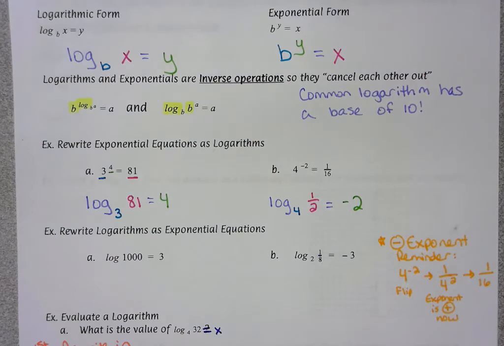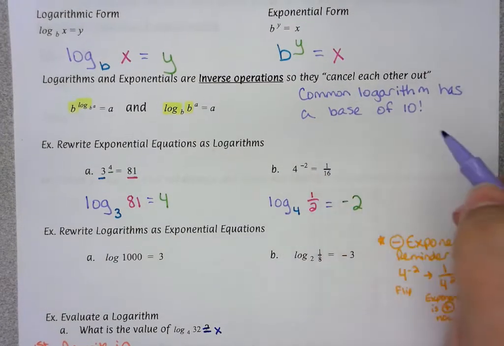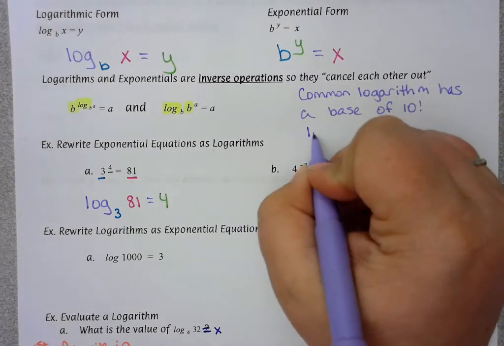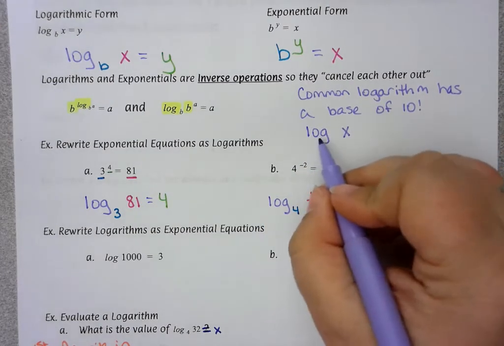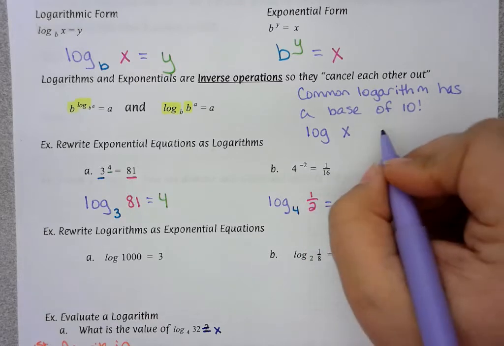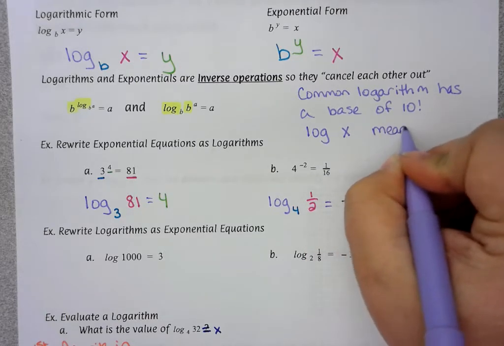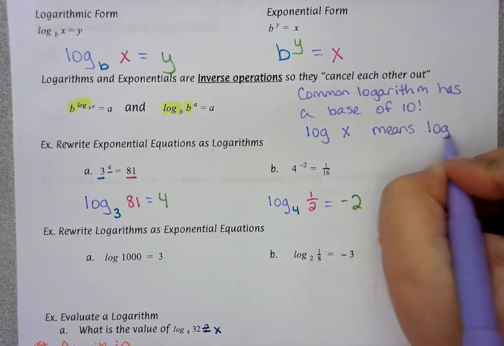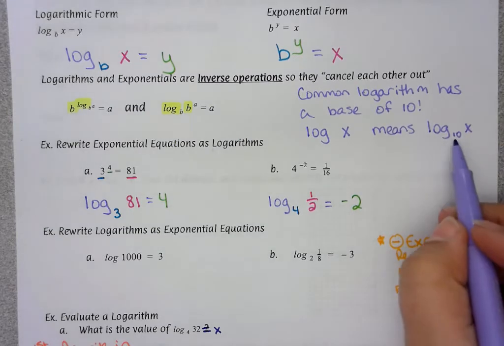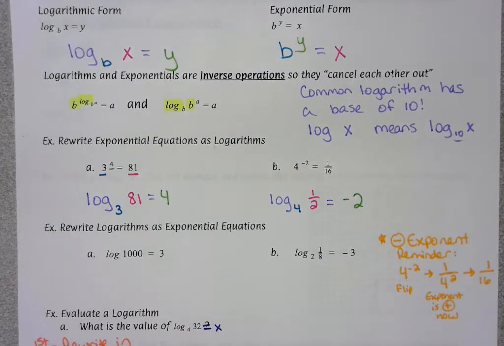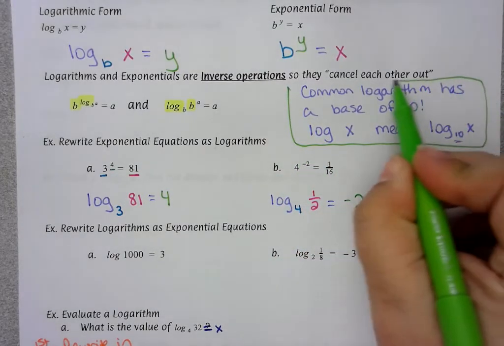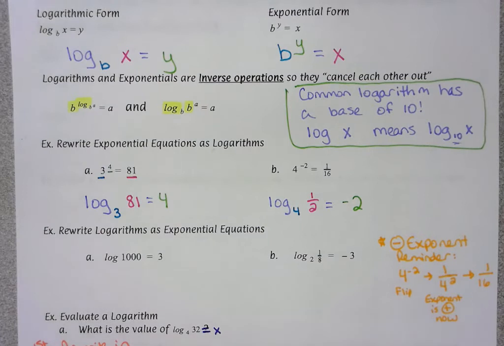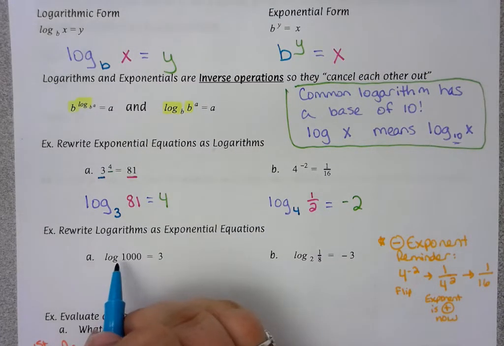So we are used to having exponents that aren't there being 1, but in the case of logarithm, it's 10. So if you ever see just log of x, it actually means log base 10 of x. So whenever you don't see a base, it's actually a 10. So in this example right here, we just see the word log. So that means I have a base of what?